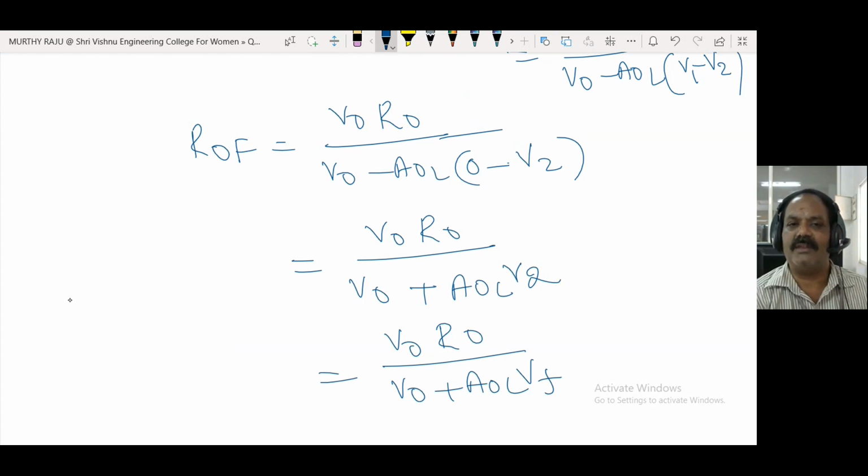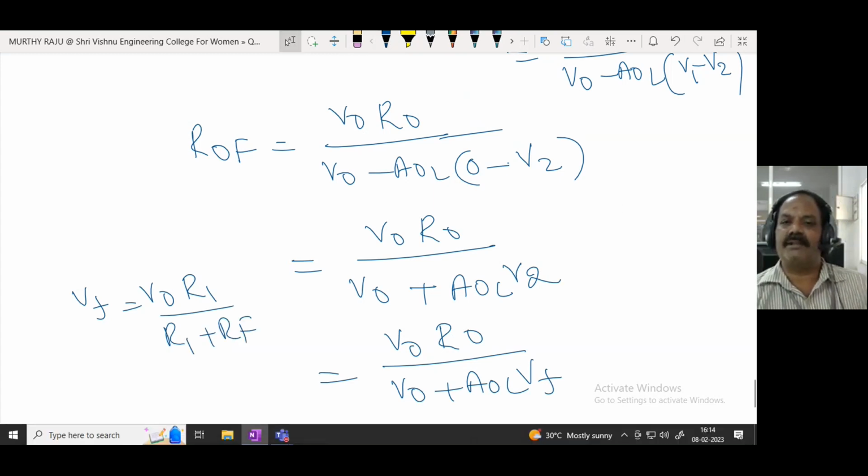We know that VF is equal to V naught into R1 by R1 plus RF. Substitute that term in that equation.